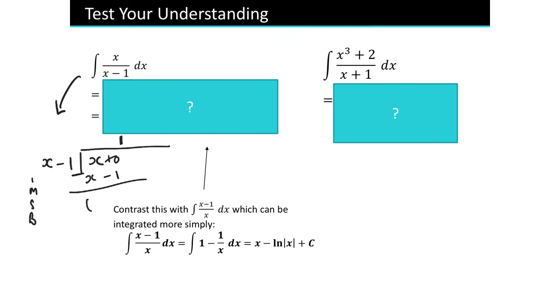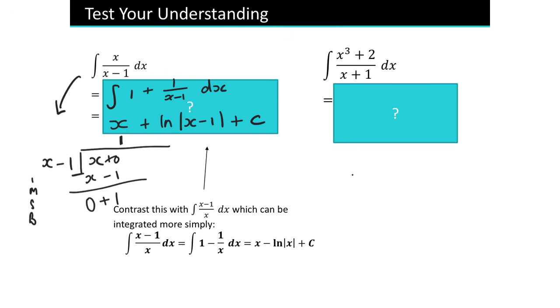Take it away, 0 plus 1. Okay, so technically this is the same as the integral of 1 plus 1 over x minus 1 with respect to x. Integrate 1 is going to give us x plus ln of the modulus of x minus 1 plus c. Okay, brilliant.